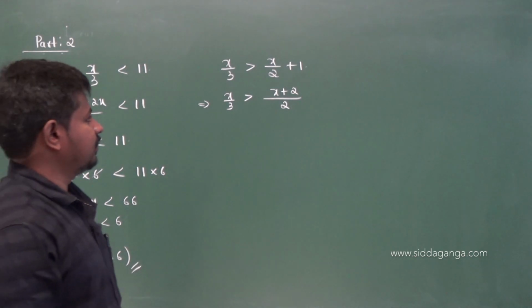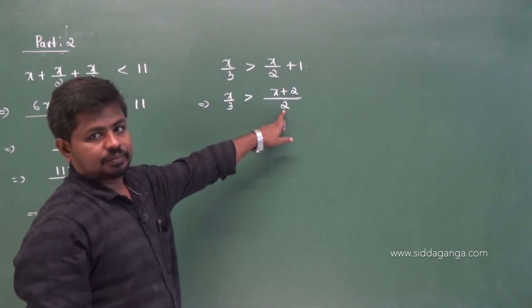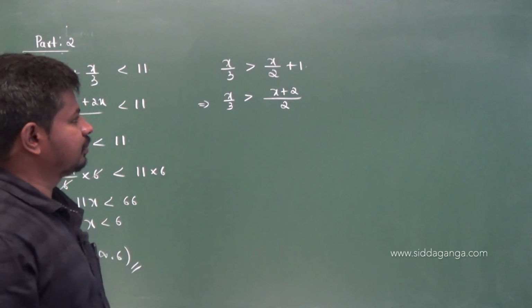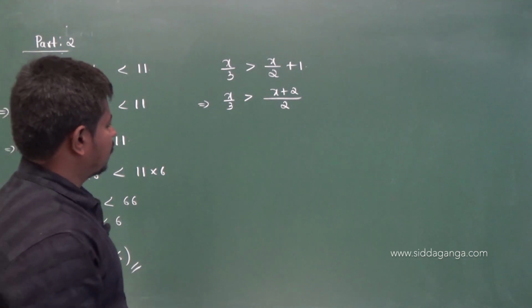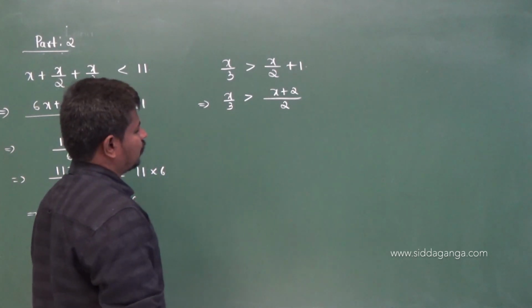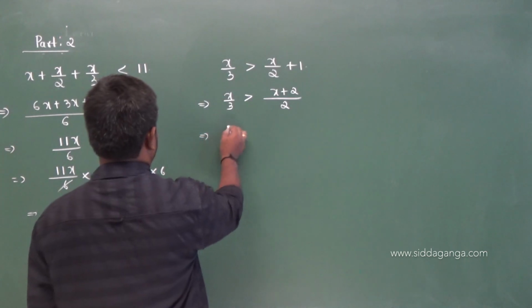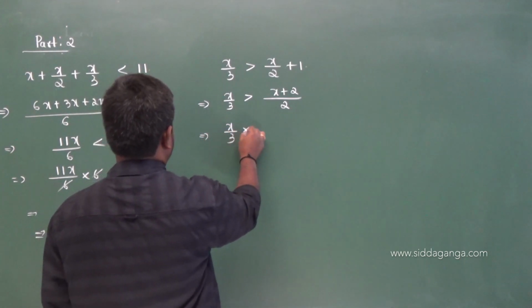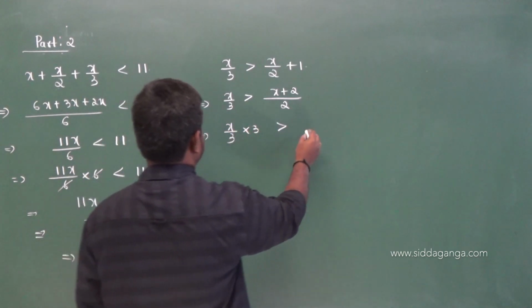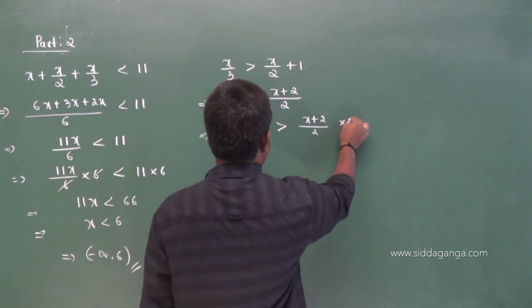Here we have denominator 3 and here denominator 2. So what to do? Remove the 3 or 2. First I am going to multiply by 3. x by 3 into 3 is greater than x plus 2 by 2 into 3.